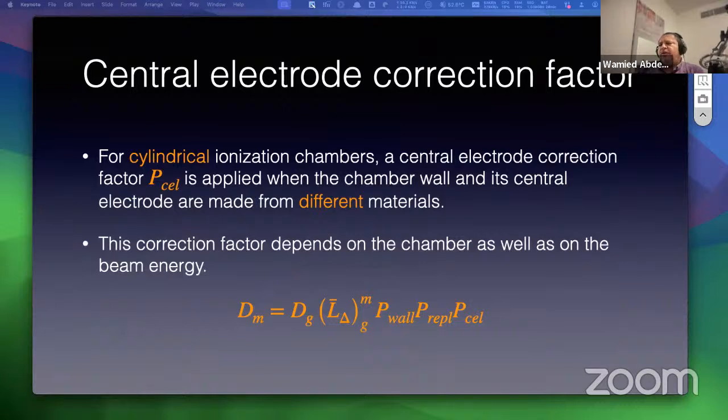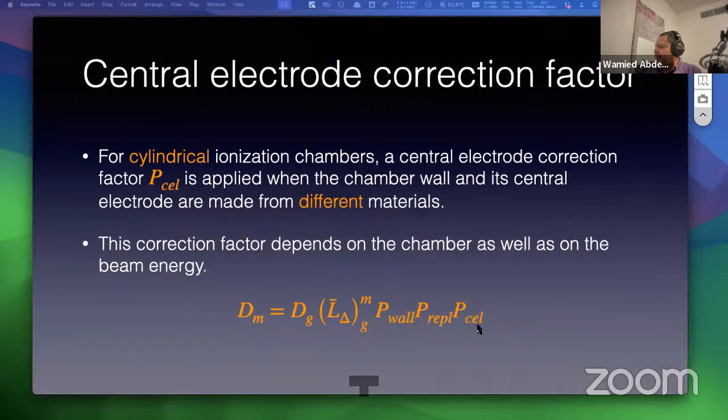And obviously for parallel plate ionization chambers, this correction factor is also not given. It's equal to 1. So finally, we get this dose equation. Again, this is the Spencer-Attix. And then we have a P wall perturbation factor, a P replacement, and a P central electrode. P central electrode again will depend on the chamber as well as on the beam energy.